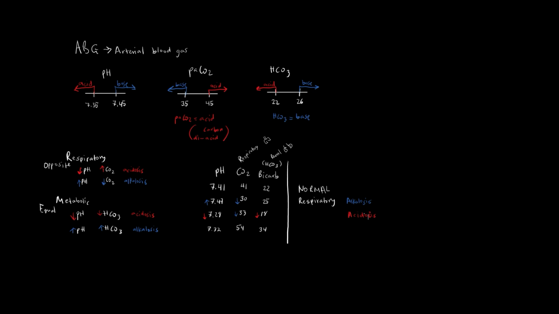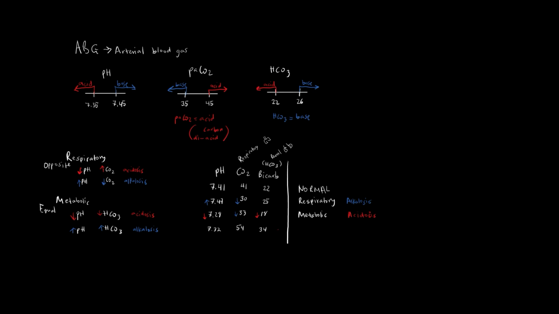Respiratory opposite. So if this were respiratory acidosis, the pH and the CO2 would be moving in opposite directions. That's not the case. So then let's consider if this is metabolic acidosis. The pH and the bicarb are moving in the same direction, and both of them are trending downwards. So yes, this is a state of metabolic acidosis because the pH is lower than normal and the bicarb is lower than normal. They're both moving in the same direction.